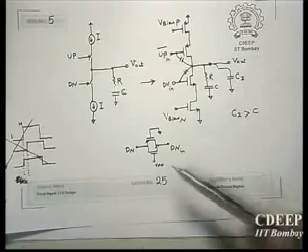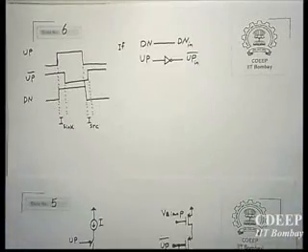Okay, so therefore to avoid these two problems, one is adding C2, one is adding a dummy transmission gate.